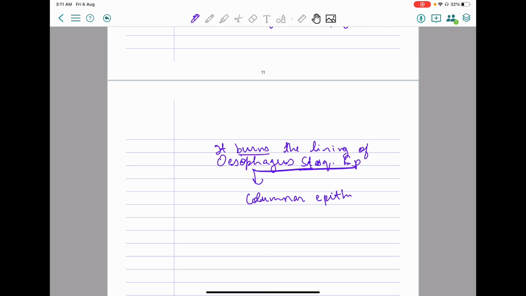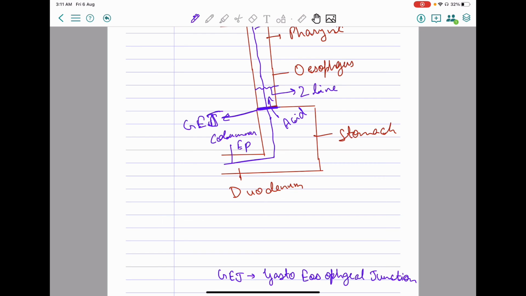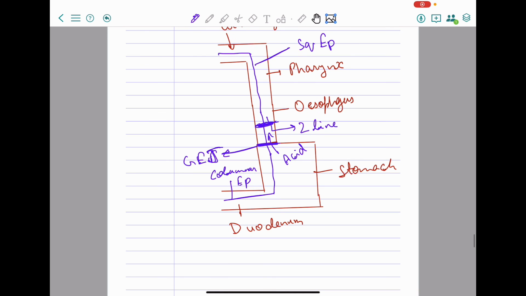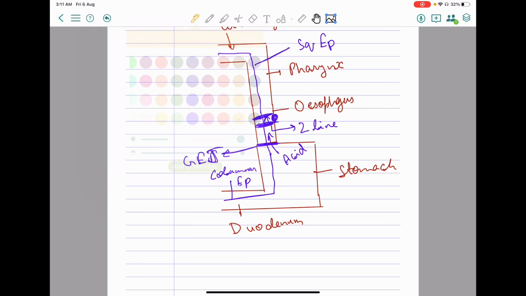Due to which the Z line, which was here, moves up above, because these cells were also converting into columnar epithelium. So the Z line moves.